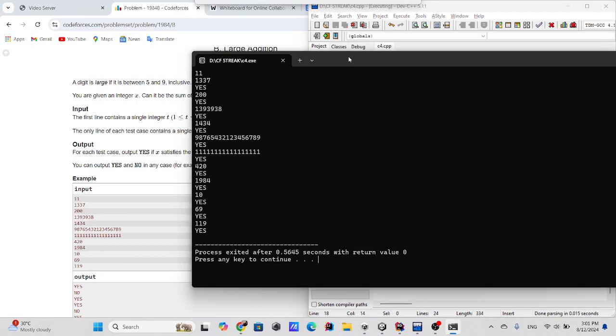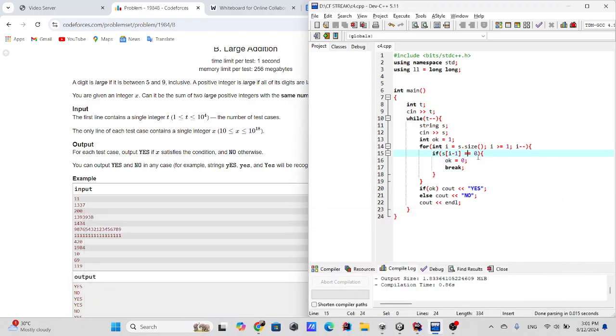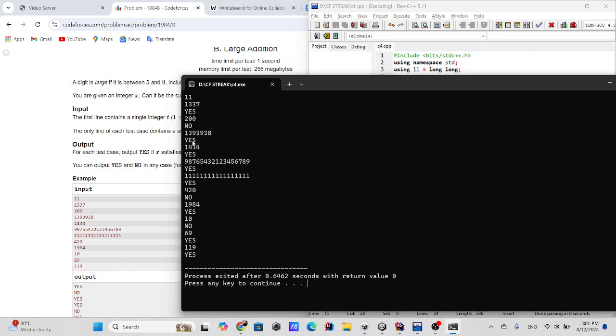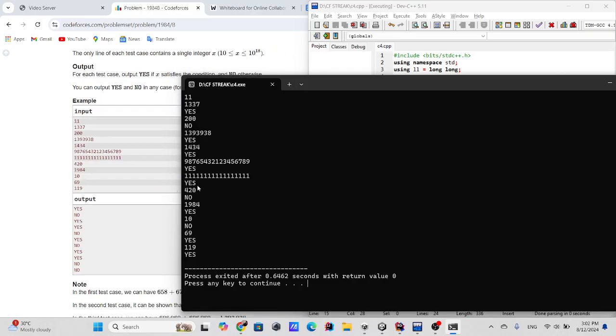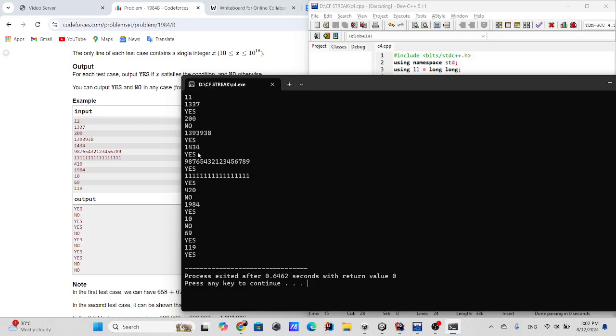Yes, not correct. Definitely not correct. Yes, no, yes. So definitely this is wrong. We definitely got it wrong. Yes, no, yes. How is this yes?